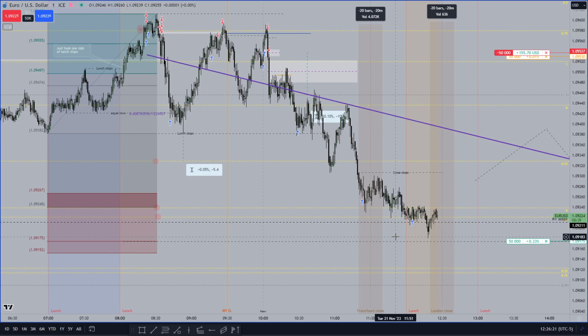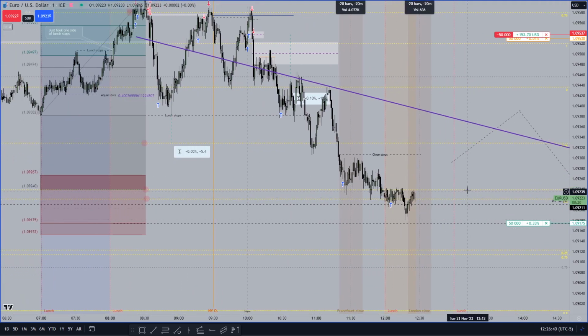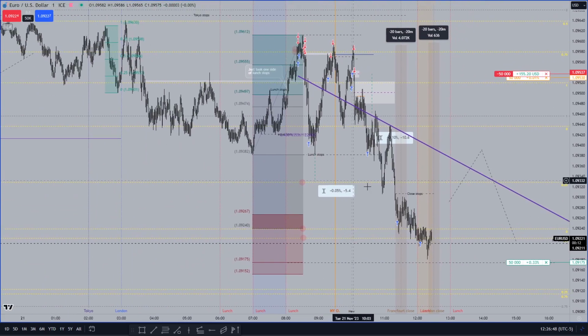So after the lunch, price is going to break to the buy side of the lunch range and to the sell side of the lunch range. So I decided to take out another part of my position here, here, and then we are over here, expecting that we just complete the entirety of the range.